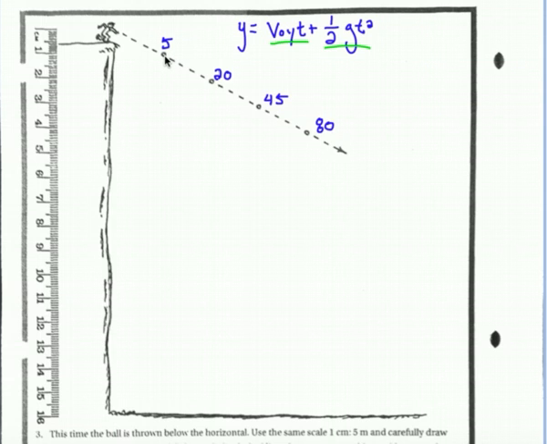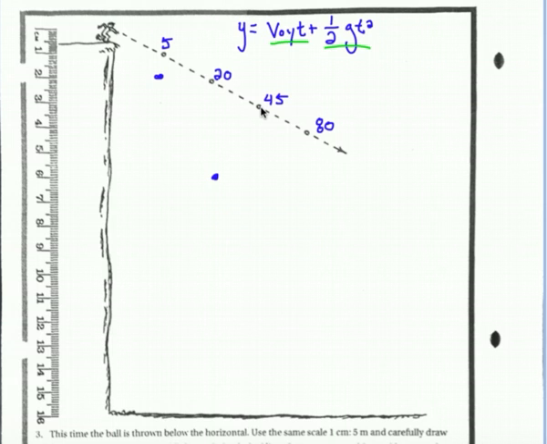So we add those amounts to what we already have here due to acceleration. So we're down around 10 meters. We're down 20 meters from the spot.